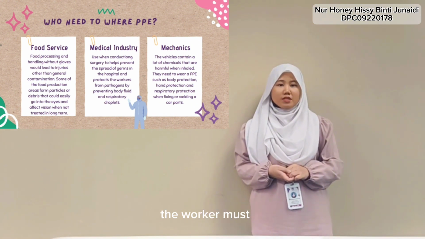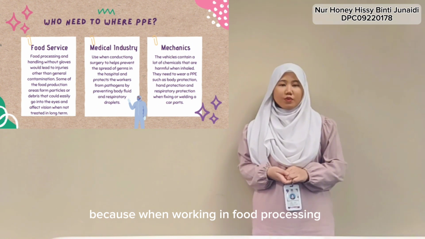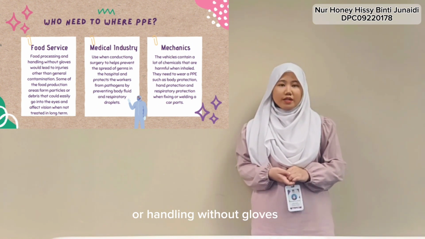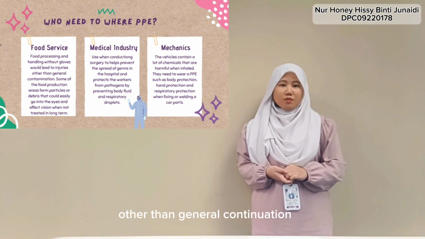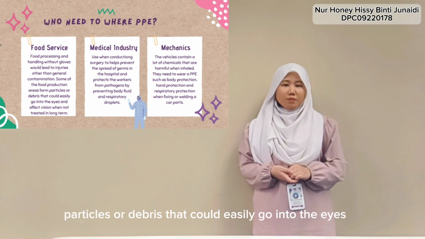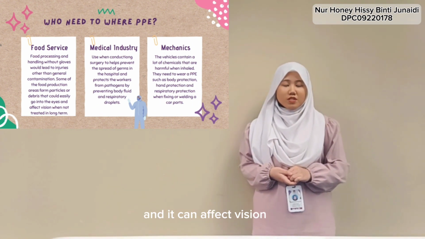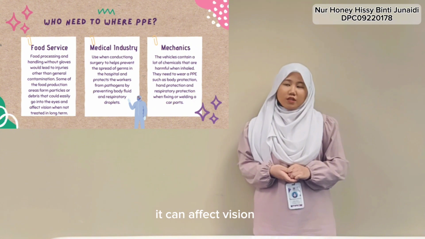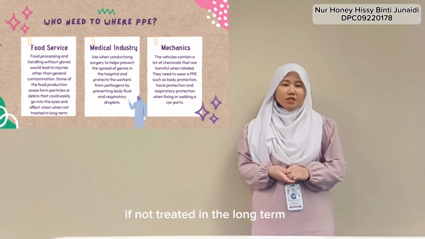The worker should wear gloves because working in food processing or handling without gloves will lead to injury other than contamination. Some food production areas can form particles or debris that could easily enter their eyes, and it can affect vision if not treated in the long term.